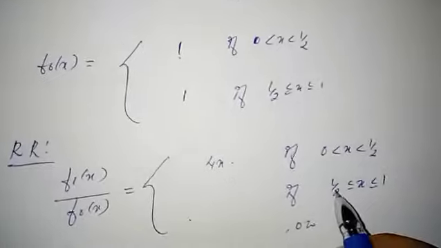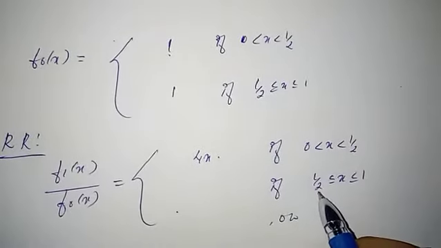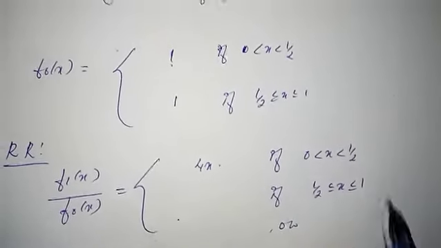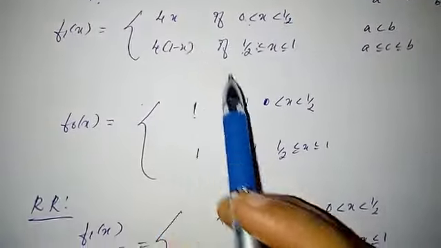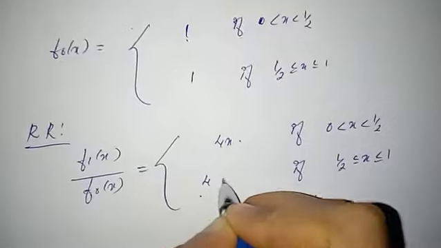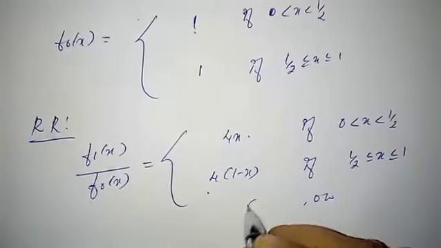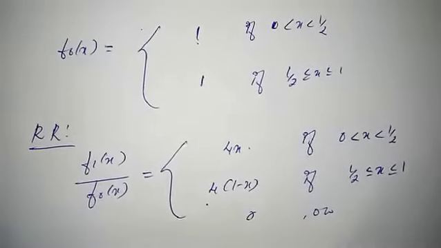If x takes values from 1/2 to 1, the ratio is 4(1 - x) divided by 1, that is 4(1 - x), and 0 otherwise.